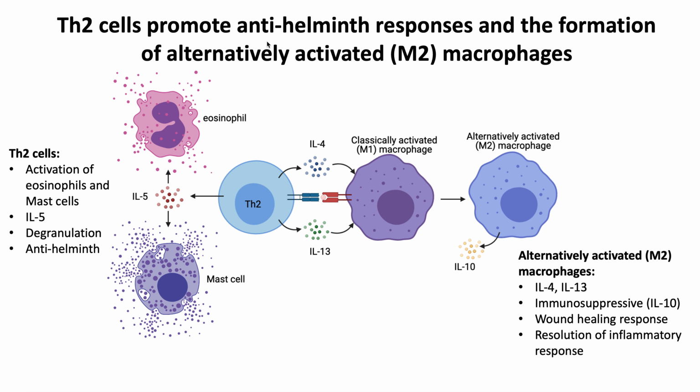On the other hand, IL-4 and IL-13, when this Th2 cell is interacting with a macrophage, can induce this macrophage to change its activation status from a classically activated, or M1, macrophage to an alternatively activated, or M2, macrophage. And this alternatively activated macrophage starts to secrete cytokines that one would consider more immunosuppressive, such as interleukin 10.